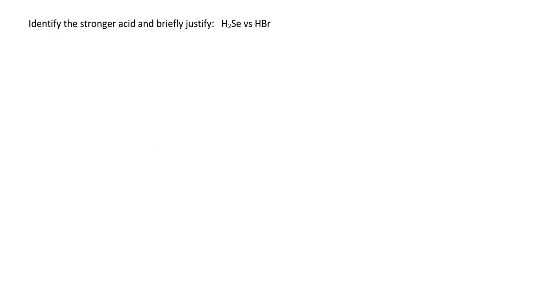In our next example, we are comparing H2Se versus HBr. The first thing we do is identify the type of acid, and these are binary acids. The second thing we do is determine what trend we're looking at, and we have selenium versus bromine.